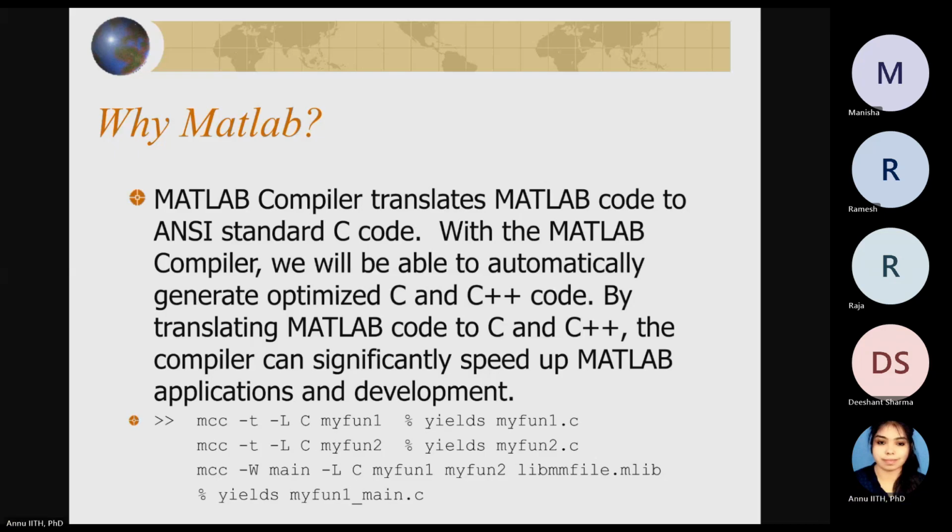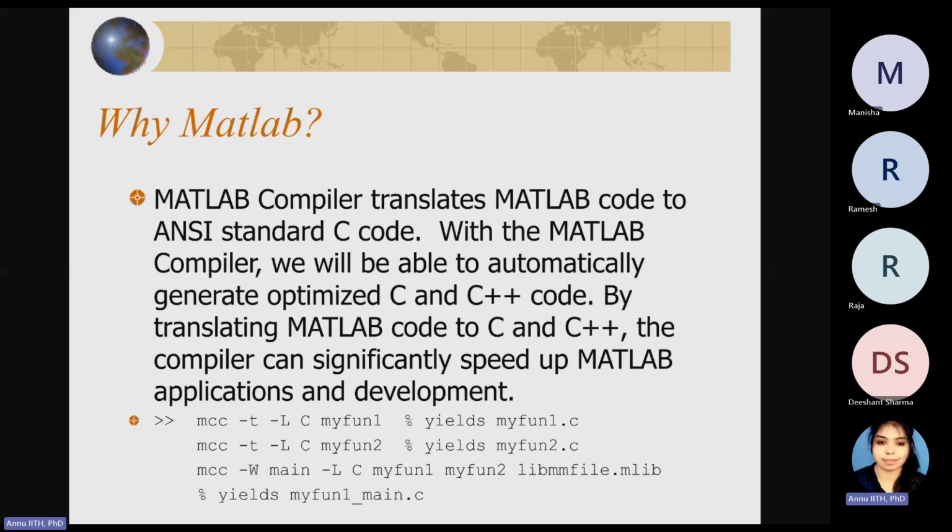So if you have functions like MCC, this will lead to direct translation of MATLAB code to C++ code, and the compiler can significantly speed up MATLAB applications and development.